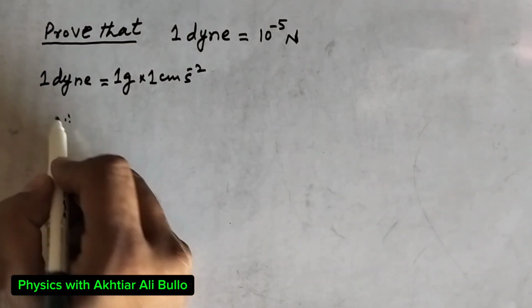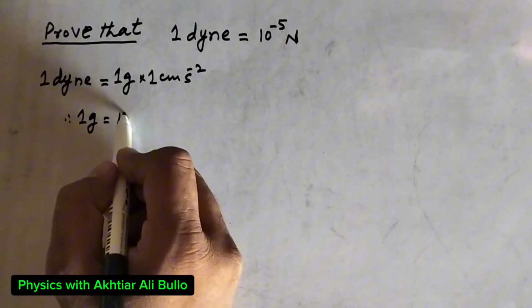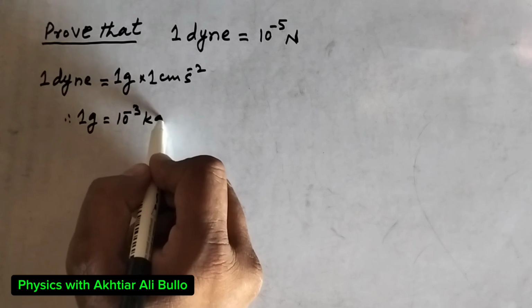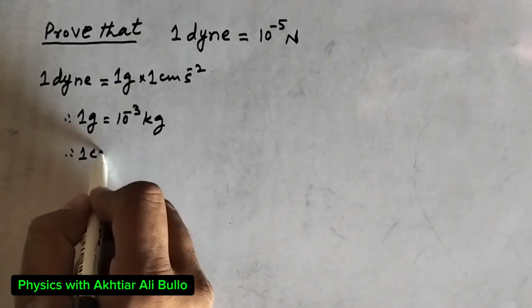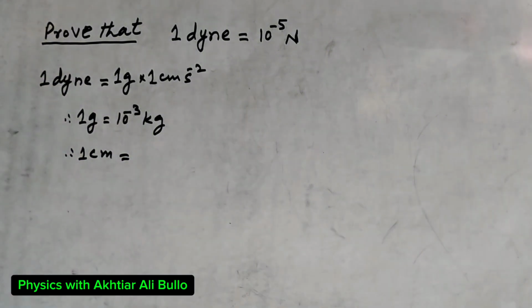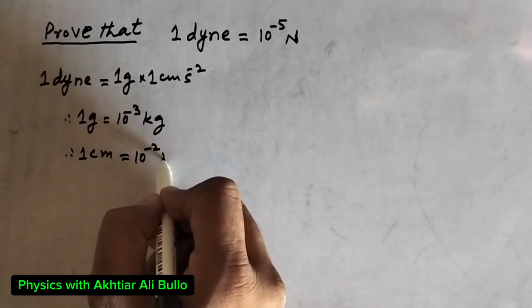So 1 gram is equal to 10 raised power minus 3 kilogram and 1 centimeter is equal to 10 raised power minus 2 meter.